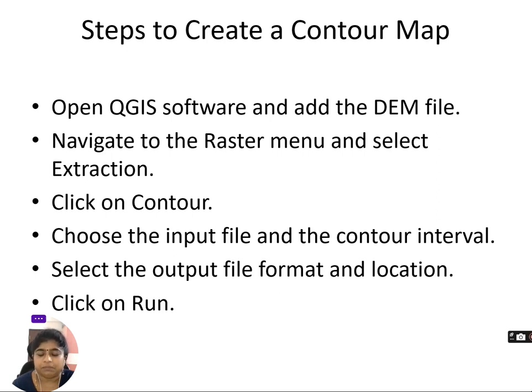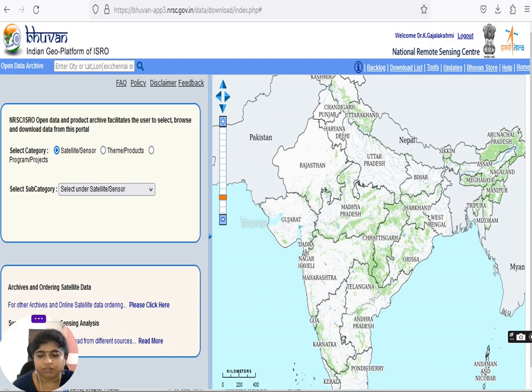Then just check with the contour interval which you have, how your contour map needs to be. By default it will be 10 meters. If you want to alter, you can change the value to either 1 meter or 50 meters, etc. Then run, your contour will get generated. So let us see this procedure one by one in QGIS.